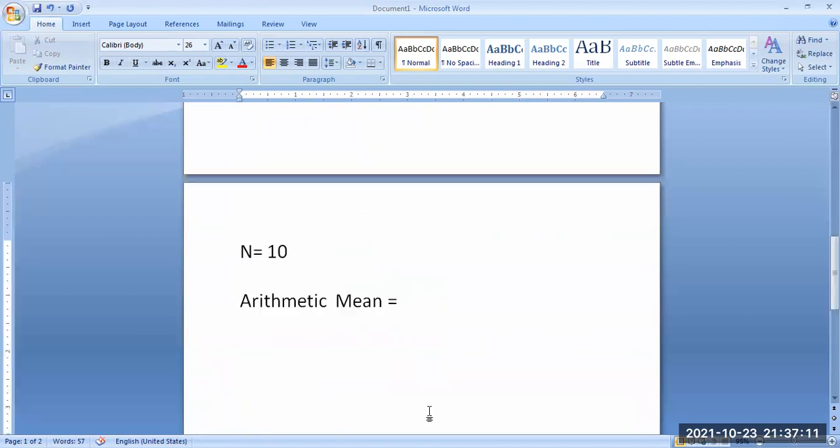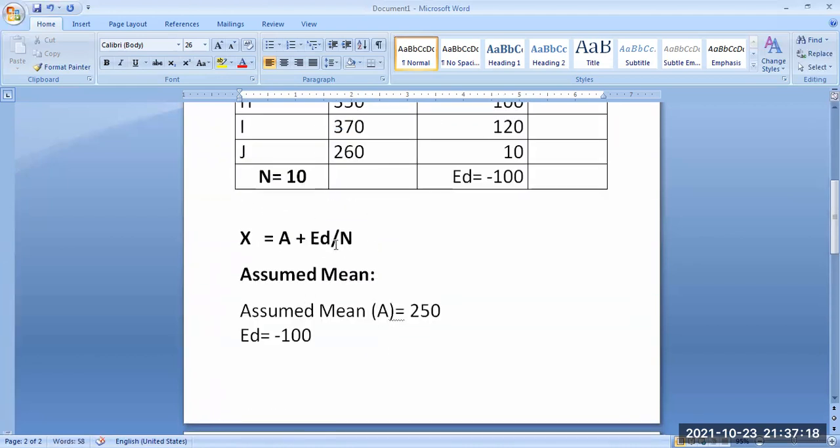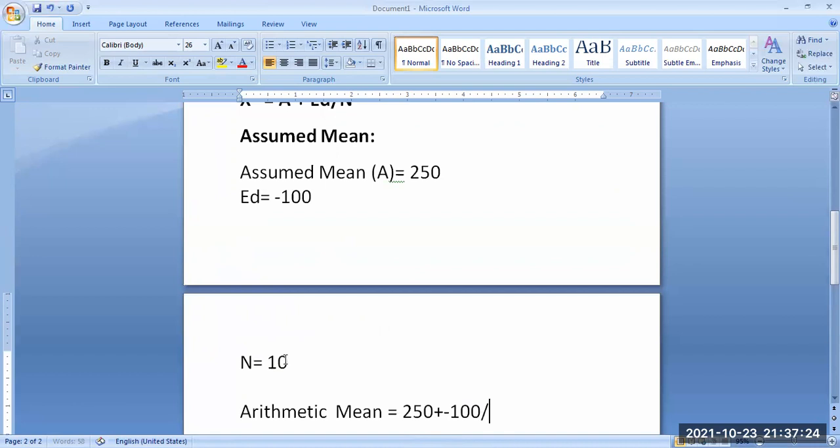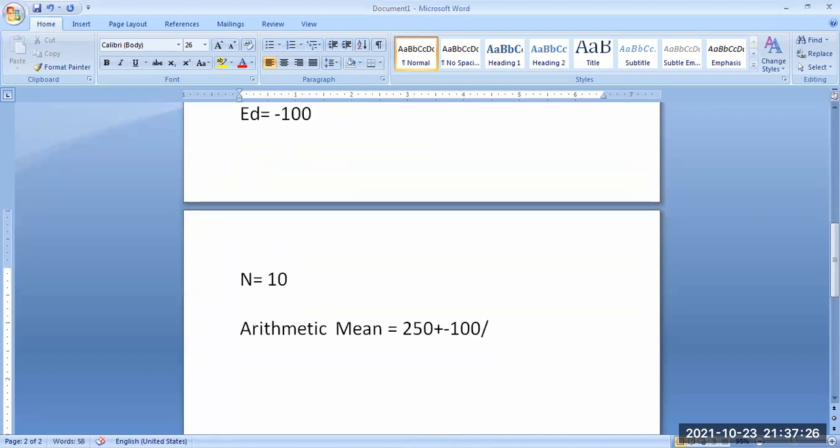It is 250. 250 plus sigma d. What is our sigma d? It is minus 100. So minus 100 by n. Did you understand? Yes, sir. Understood.